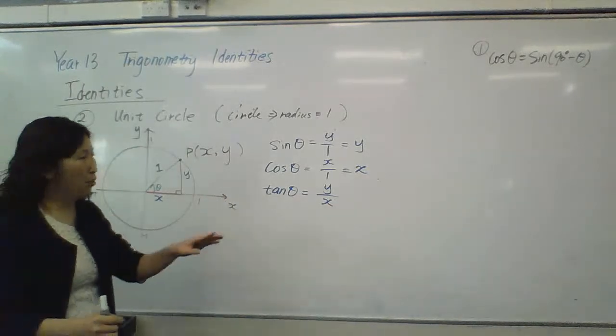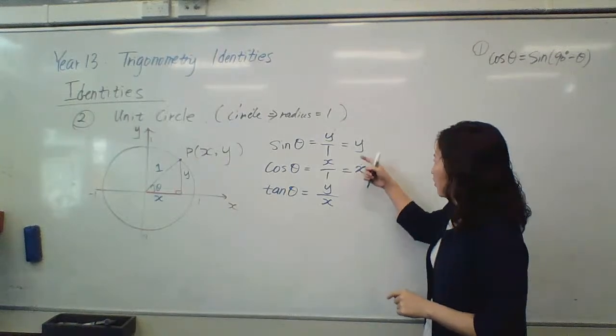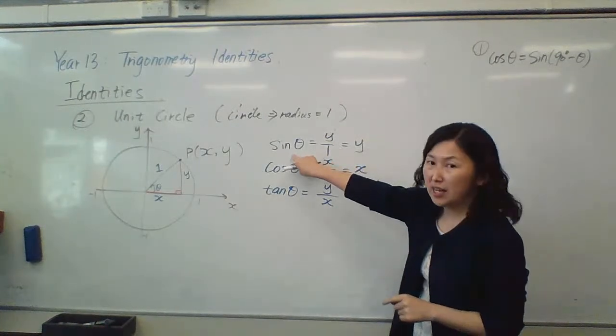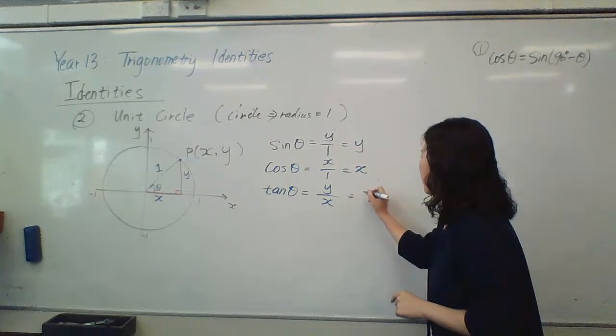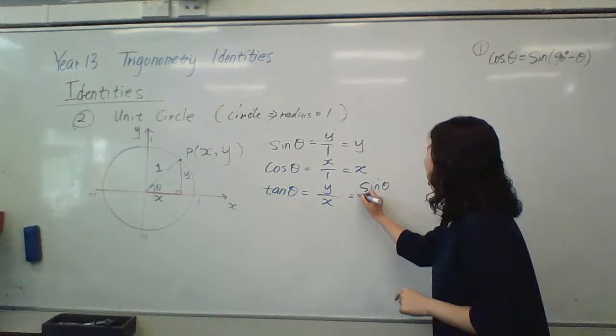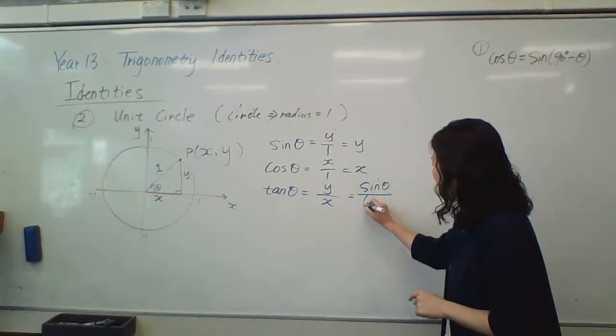All right, let's pause here and have a look at tangent. y is equivalent to sine theta, so I substitute this in. That will give me sine theta over x, and x is equivalent to cosine theta. So I can write this.